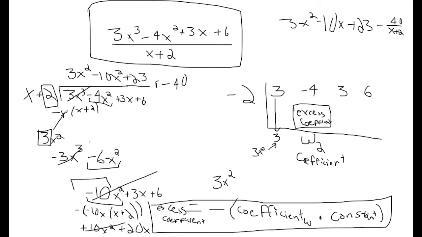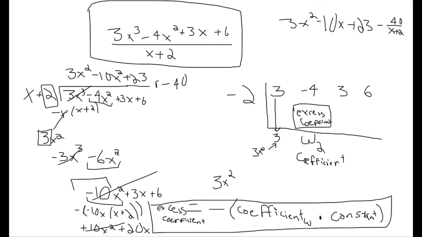And then our excess term was equal to w times 2. So w times our constant. Now, the reason it's negative is because we're subtracting it from this polynomial. So it needs to be negative. So negative coefficient of w times the constant.